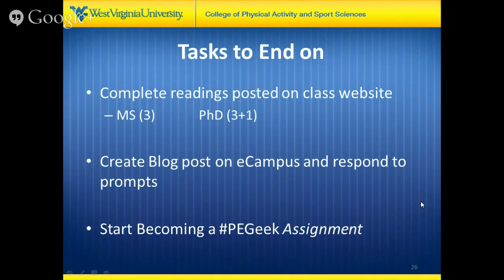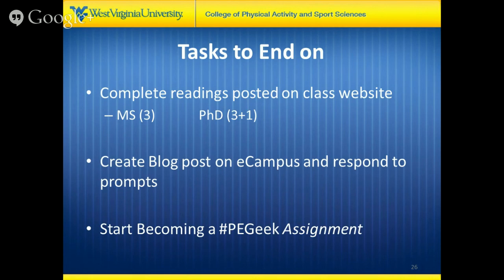So here are some of our ending tasks, folks. On our class website, our eCampus, there are readings that are posted in our Unit 1 folder. There are 3 for master's students, and those are listed on eCampus. And then there's those 3 plus an additional for those students who are pursuing doctoral studies.